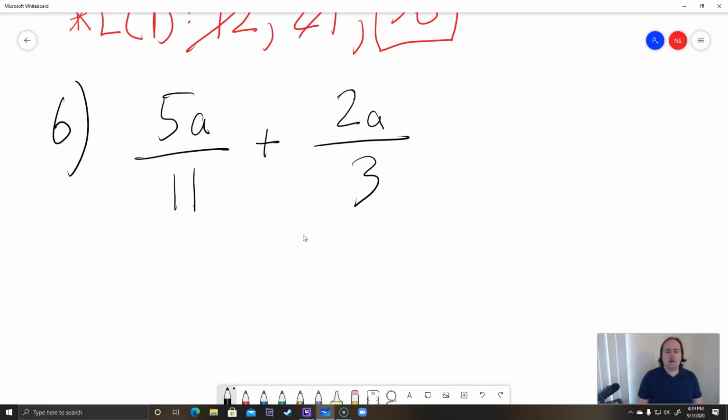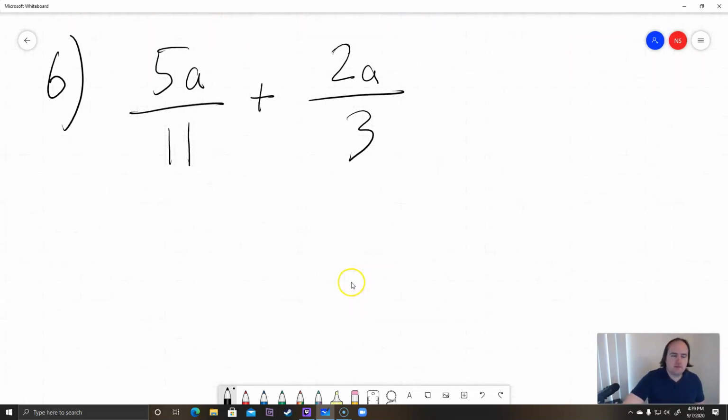So here, you want to multiply each denominator by what you're missing. And if it's not clear to you what you're missing, since these are both prime numbers, you could just multiply them to get the LCD. So that's one way of doing it. Or you can write out the LCD the way we've been doing.